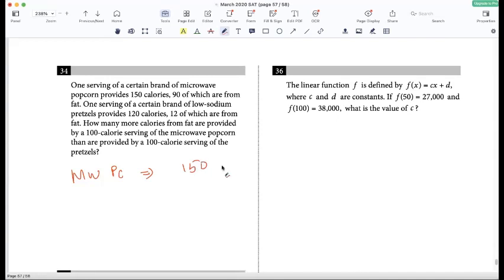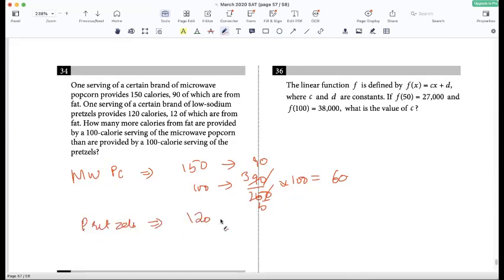So 150 calories provides 90. So 100 would provide 90 by 150 into 100, which is 3 into 3, 3 into 5. So that's 60, right? And what about pretzels? 120 provides 12. So 100 would provide 10. So the difference is 50, 60 minus 10.